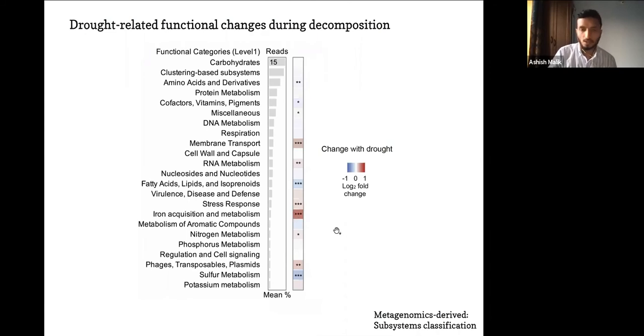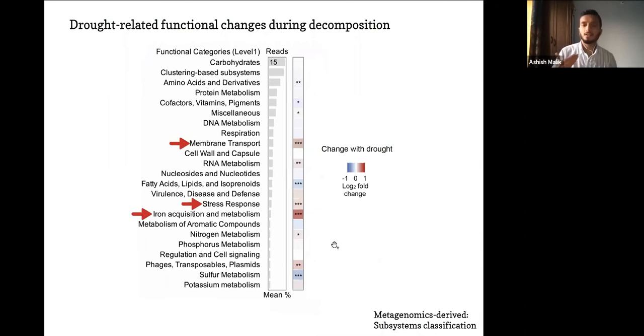And what I'd like to highlight here is 3 main functional categories of microbial functions which tend to dominate in the drought ecosystems. And these were linked to membrane transport, stress response, and ion acquisition and metabolism.